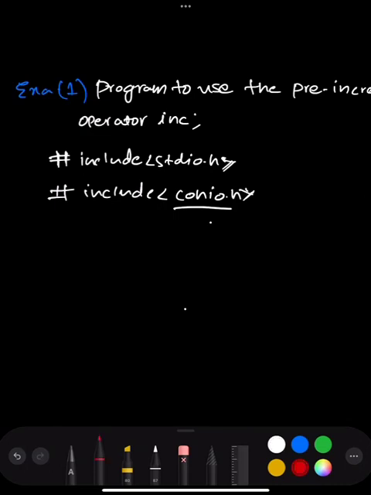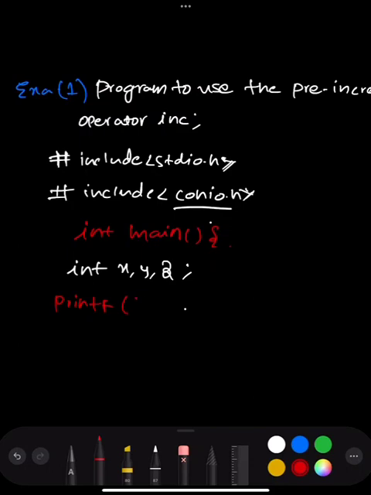Then I will define the main function, and I will take three variables, int x, y, z. Then I am going to use the printf function for taking the input from the user. Printf "Input the value of x".